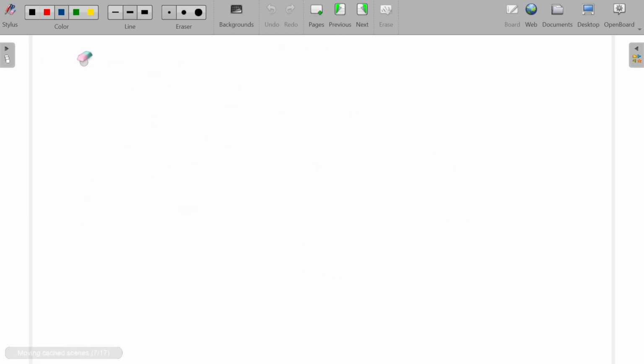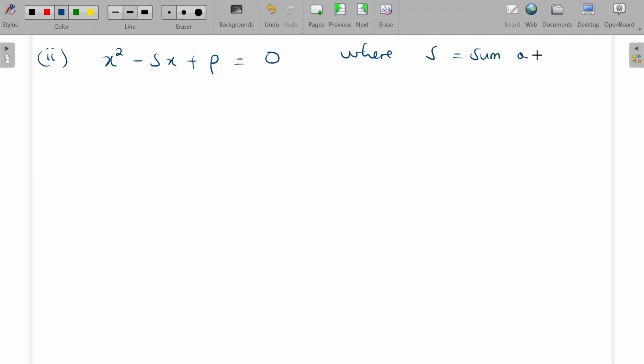When finding an equation, you say that x squared minus sx plus p is equal to 0, where s is the sum of the roots and p is the product of the roots. That is the formula.